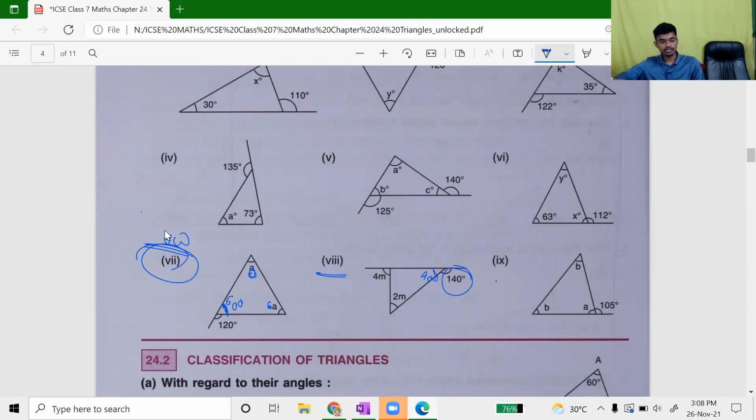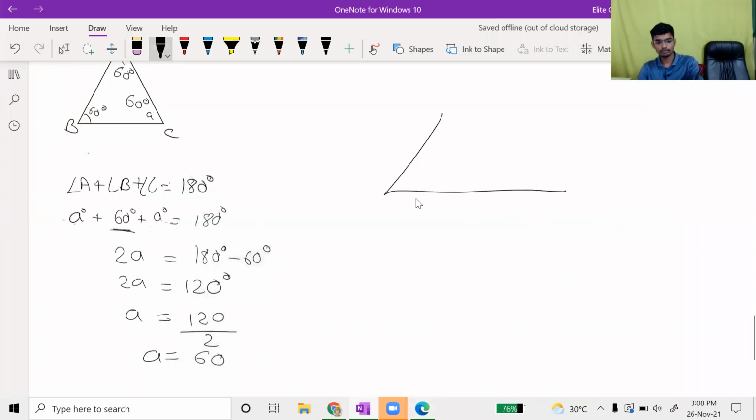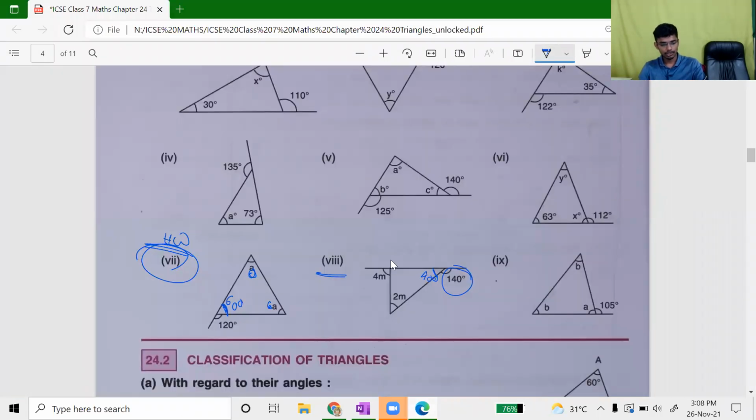So in this question, we have to use the property that two interior angles plus opposite external angle will be equal. If this angle is 100, then both angles' sum will be 100 degree. I have taught you this property, right? The sum of two interior angles is equal to one opposite exterior angle. So see, we know these two angles.